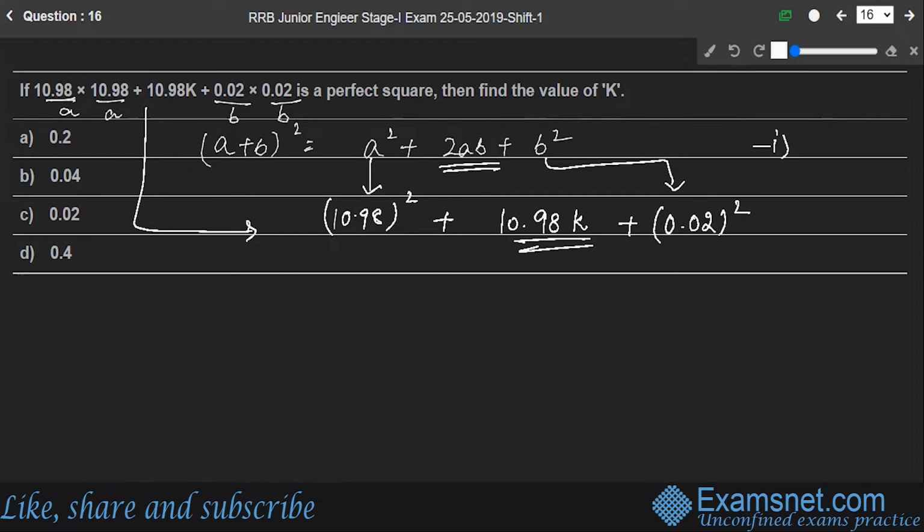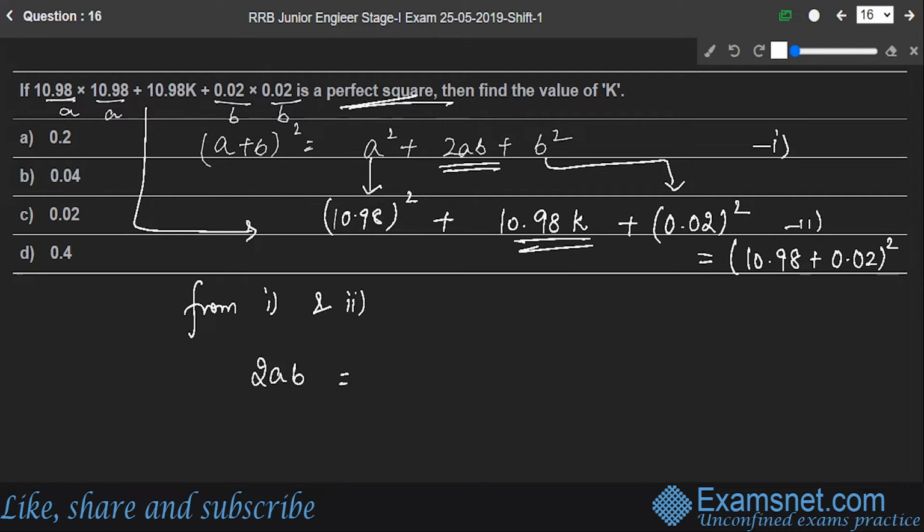So from 1 and 2, because this is the perfect square, it is given in the question. So this should be equal to 10.98 plus 0.02 whole square. So from 1 and 2, what you get is 2AB is equal to 10.98K. What was your A?